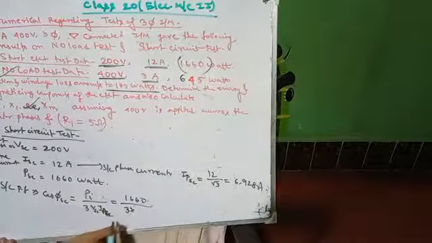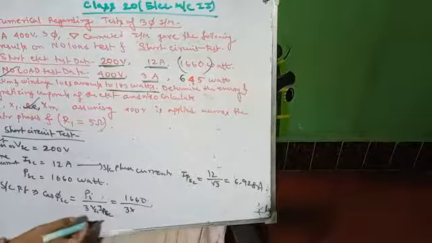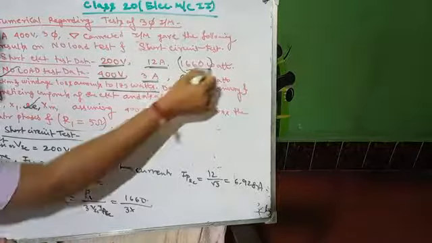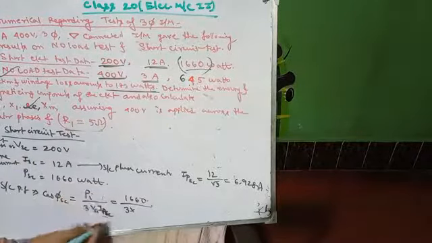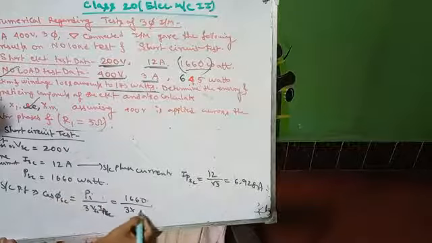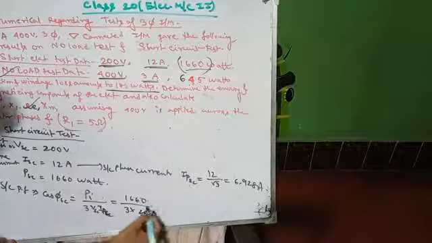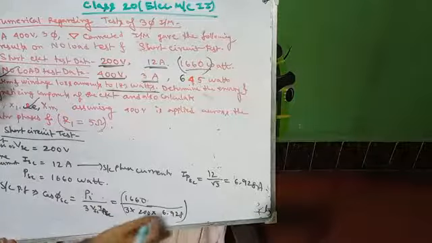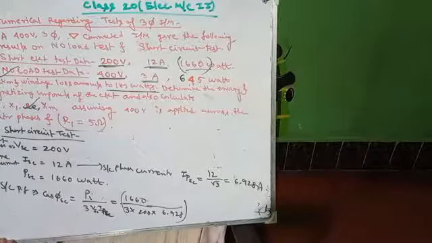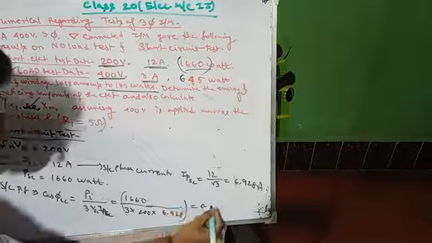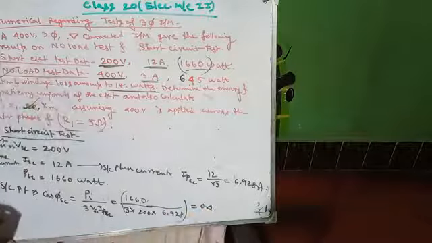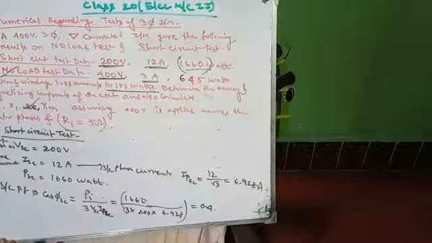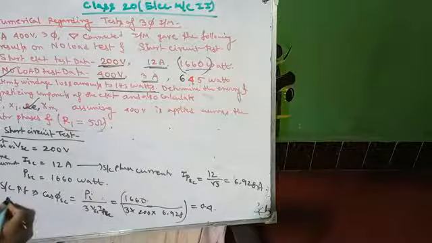You can directly use this one as P_SC for the short circuit test. So V_SC equals 200 and I_PSC 6.928. After calculating, it will be 0.4 power factor. Okay, so this is your Roman 1.